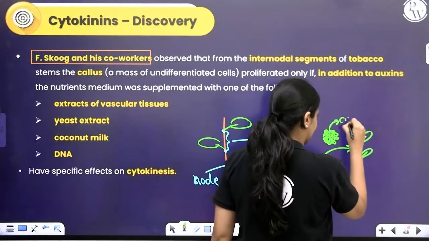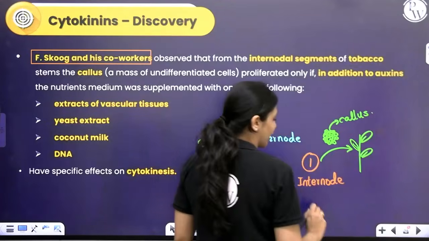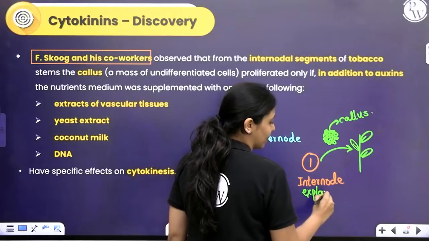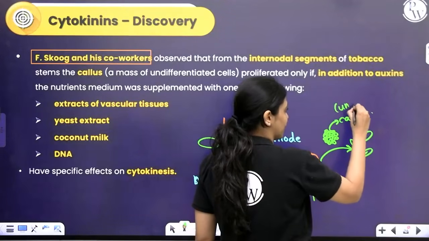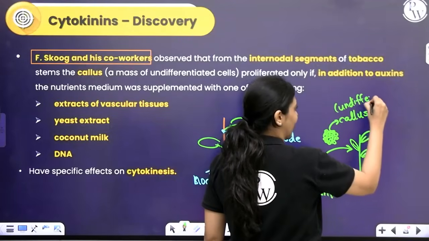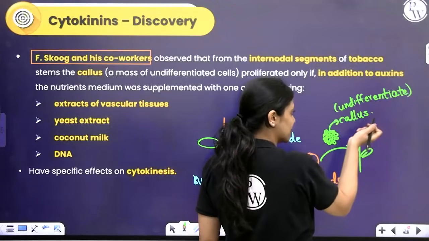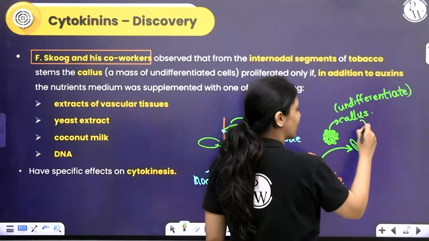This is called callus. First during tissue culture, the explant will become an undifferentiated mass of cells called callus.